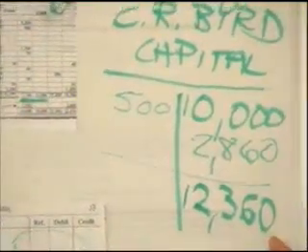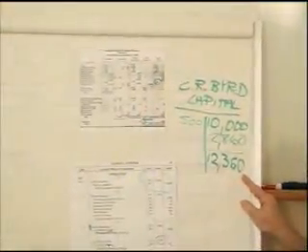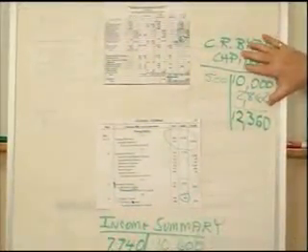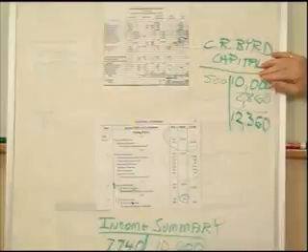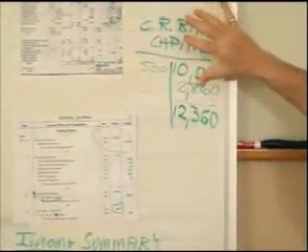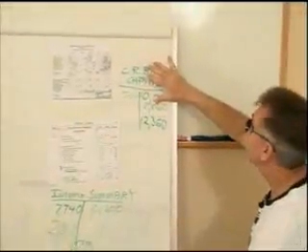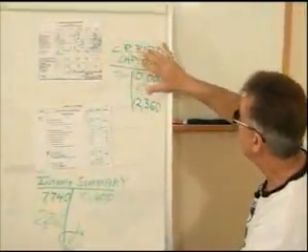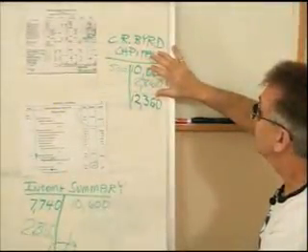If you look at the statement of owner's equity, you will see this is the balance that was shown. This is pretty much a summary, right here in T account analysis, of the equity account. Our capital at the beginning of the year was 10,000. We added our net income of 2,860, and we subtracted out our drawing of 500 and ended with the 12,360.